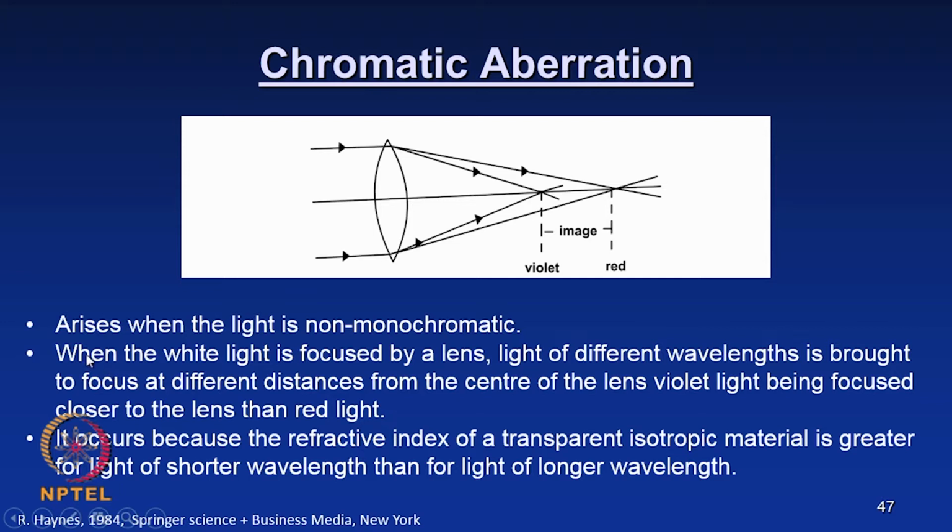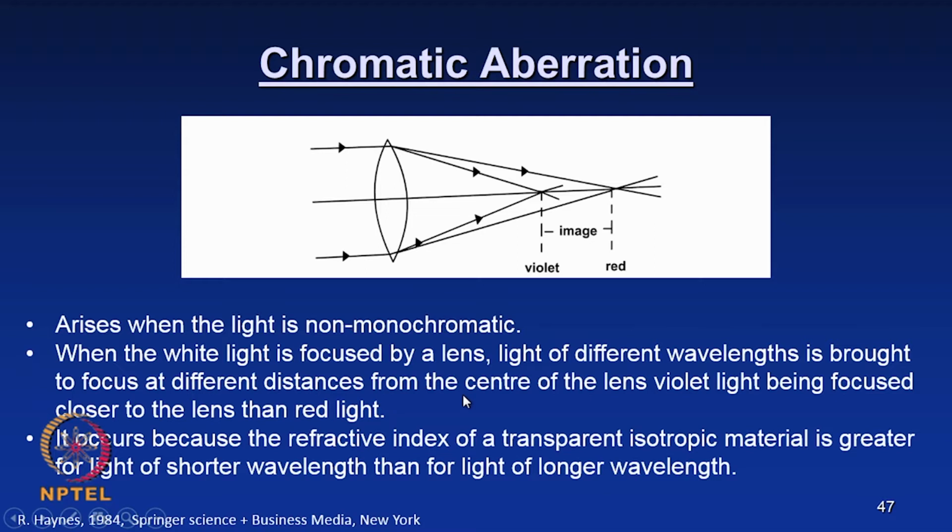So, let us look at the remarks. When white light is focused by a lens, light of different wavelength is brought to focus at different distances from the center of the lens, violet light being focused closer to the lens than the red light. So, we are talking about the visible spectrum.